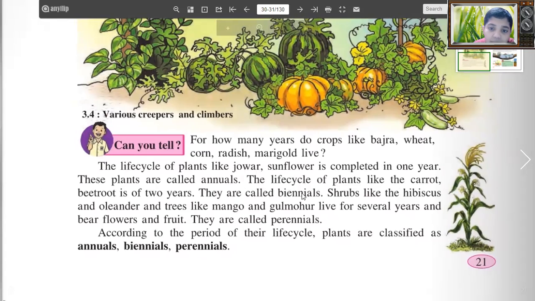They are called biennials. Shrubs like hibiscus and oleander and trees like mango and gulmohar live for several years and bear flowers and fruits. They are called perennials. According to the period of their lifespan, plants are classified as annuals, biennials, and perennials.